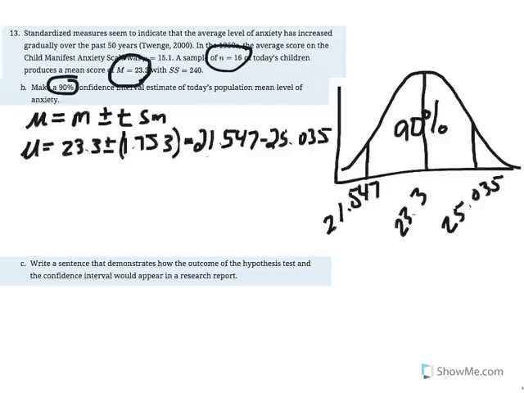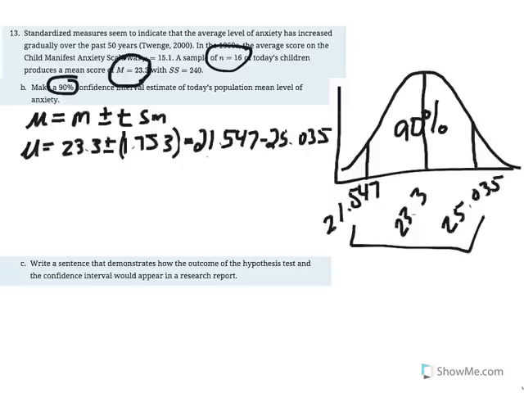All right, so technically what we've determined, the confidence interval says that if we were to estimate today's population mean of anxiety, 90% of the time that level would range between 21.547 to 25.035. Another way of thinking about it is if I took a sample of today's population, a sample of 16 individuals from today's population, their average level of anxiety would fall within this range 90% of the time.